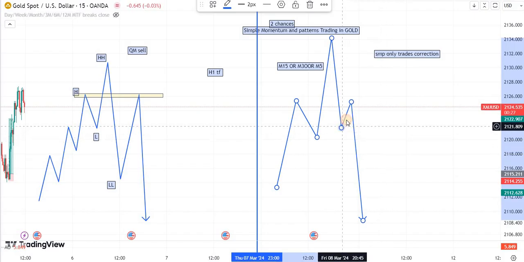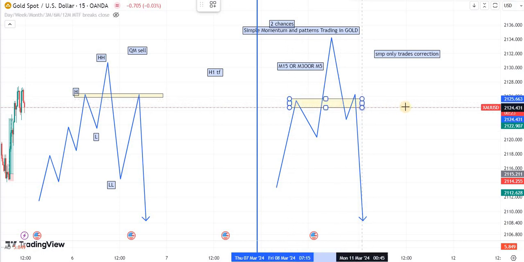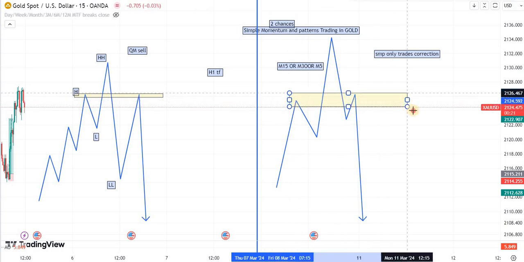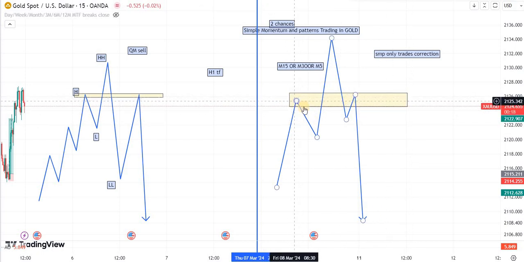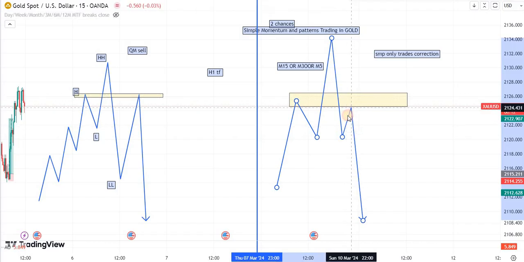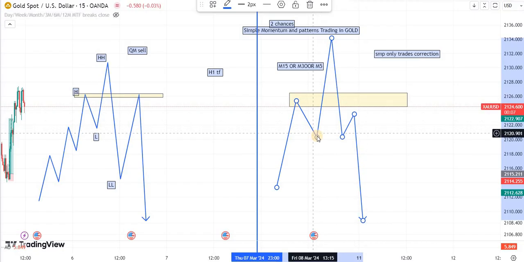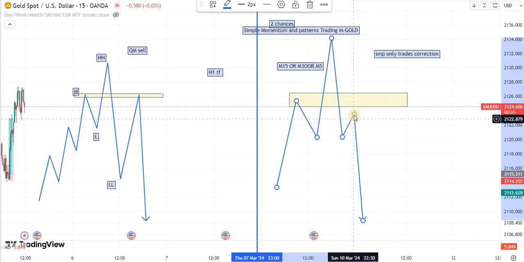Price may make, again the same thing over here, a drop base drop exactly to the left shoulder, or it would be over here. So there are two chances: exactly to the left shoulder, or by taking the support towards this. This is how the QM sell works.